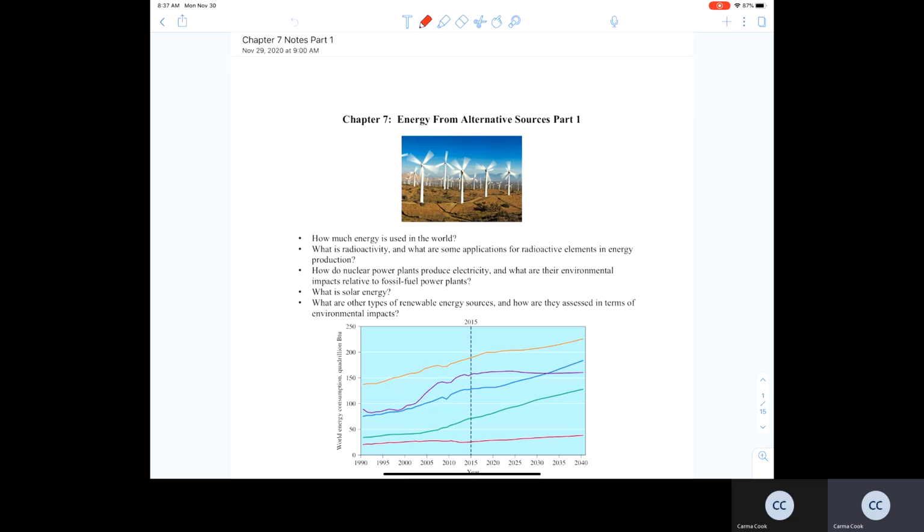Those are not produced by burning nuclear-based fuels. Also, you don't have sulfur-based compounds that are emitted from a nuclear power plant like you have from a coal-burning power plant, and therefore you don't have precursors to acid rain that are produced. So those are some advantages of nuclear over fossil fuel-based energy sources like coal.